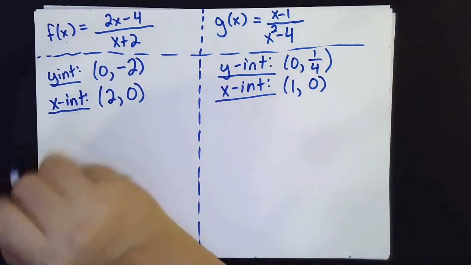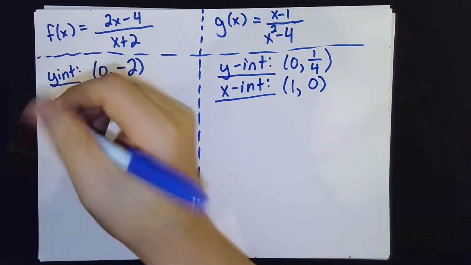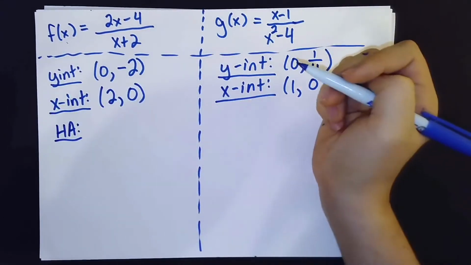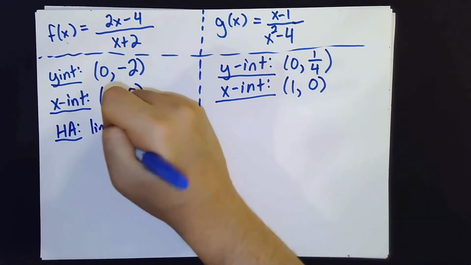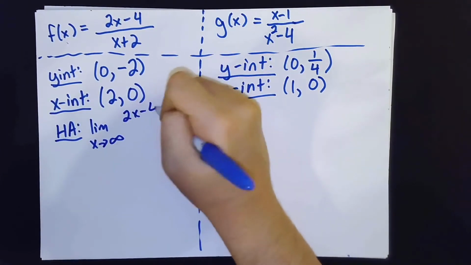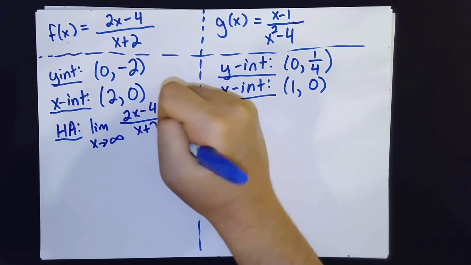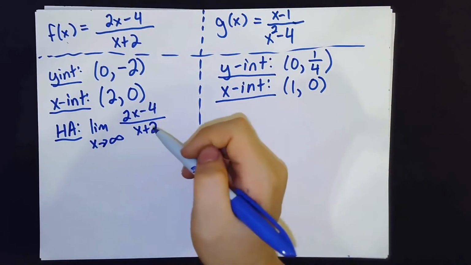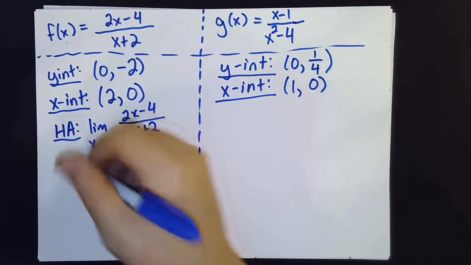Okay, let's next look at horizontal asymptotes. So this is going to come from the limit as x goes to infinity of 2x minus 4 over x plus 2. Remember to calculate this, I throw away all the lower order terms.